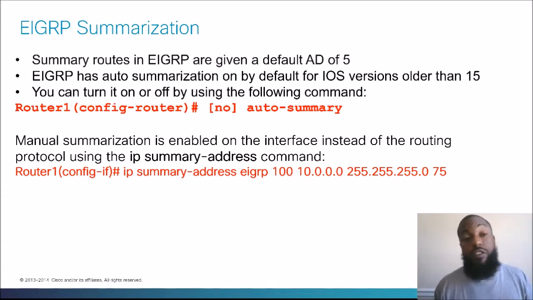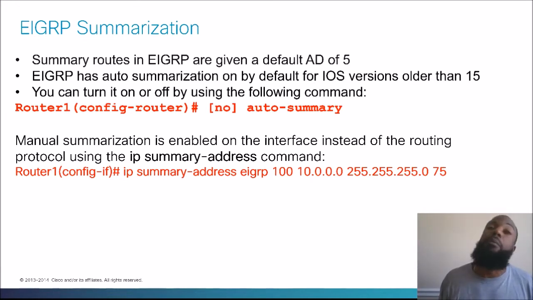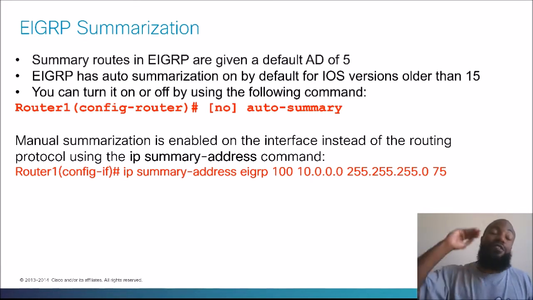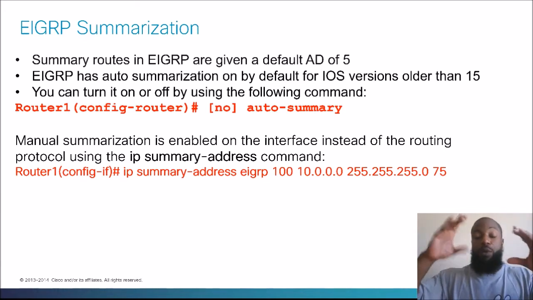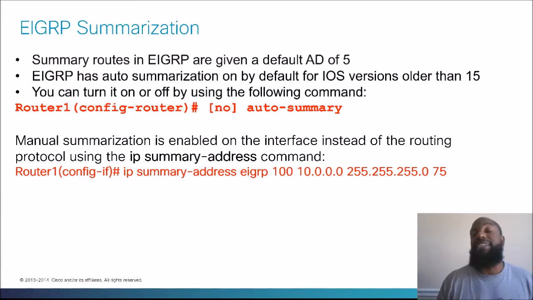Just convert numbers into bits, find out how many of those bits are common, put a line after the last common bit, and then find the first IP address in the network that you're trying to summarize, and combine that with the number of bits. That'll give you your summary address. So that's all the same for all the routing protocols, right?